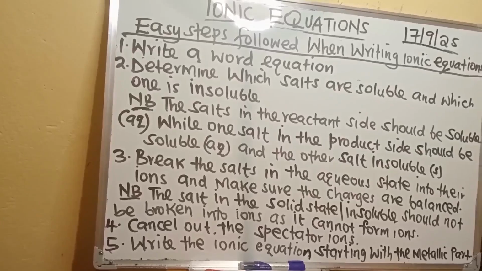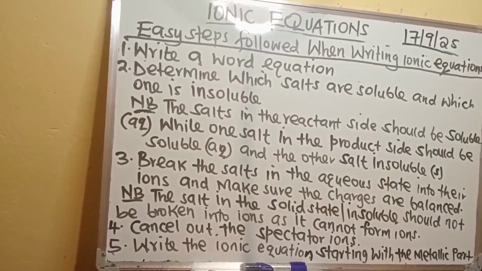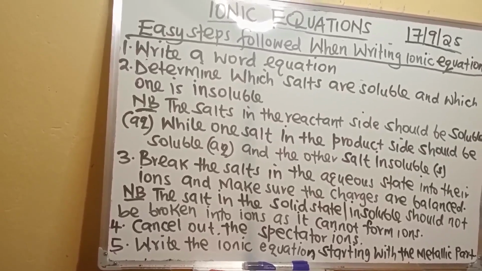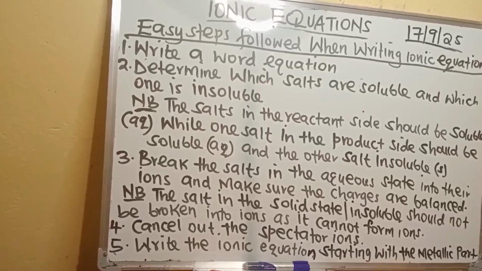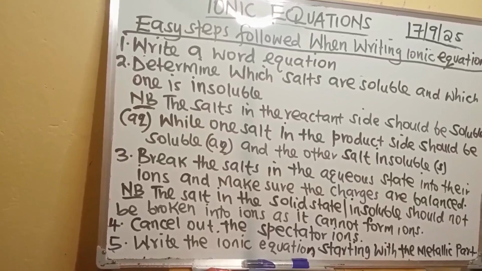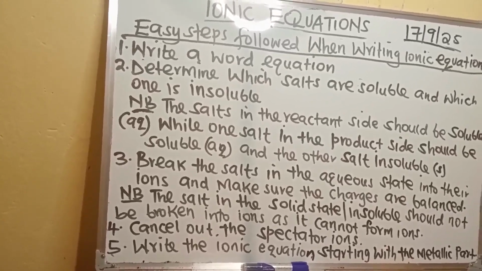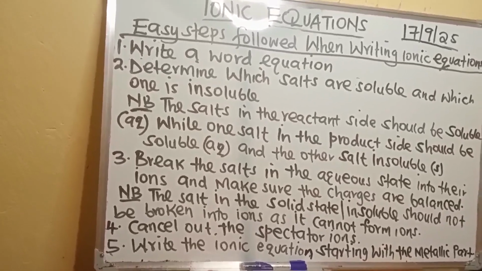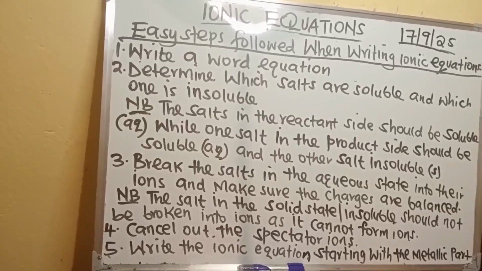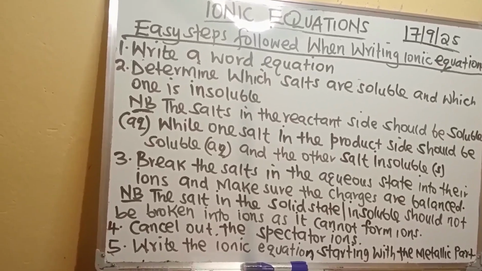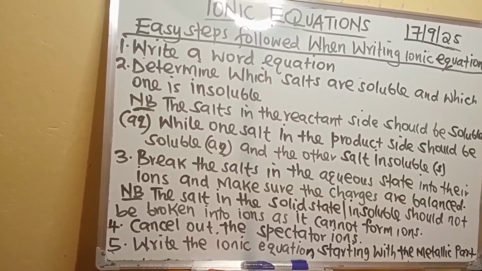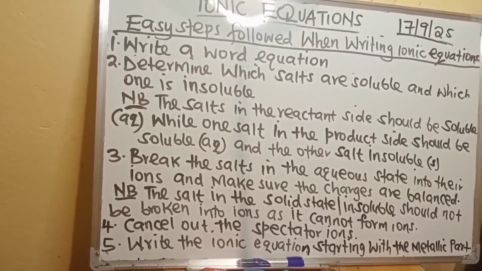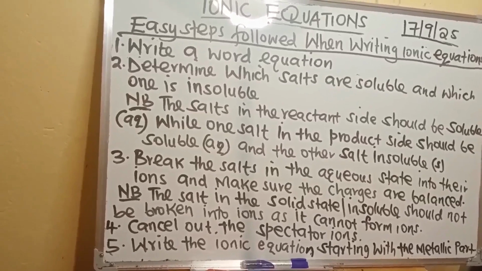From there, we need to break the salts in the aqueous state into their respective ions and make sure that the charges are well balanced. The salt in the solid state, or the insoluble salt, should not be broken into ions, as it cannot form ions. So the only salts that we break into their respective ions are those in the aqueous state.